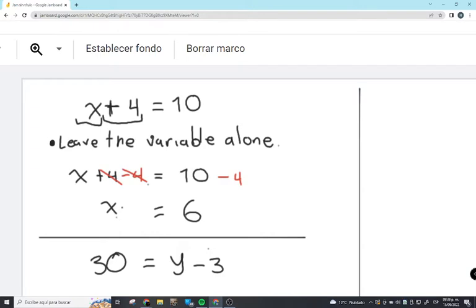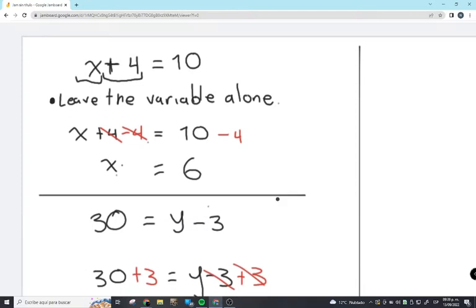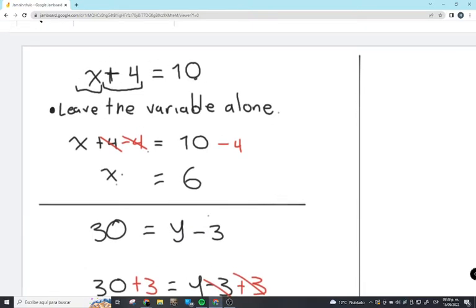And you may say, teacher, I learned it in another way. So I am going to address that right now. Let's say that you're going to solve this equation by another method that is really commonly taught. I am going to say it really quickly. If you have a plus 4 here, you just move it to the other side, subtracting.